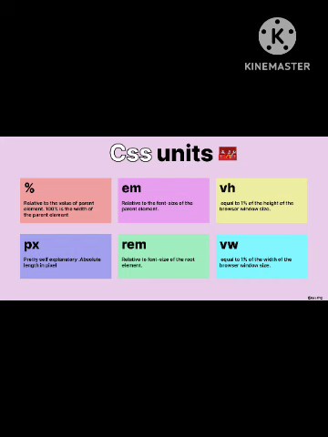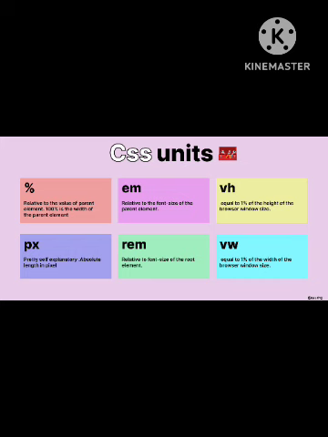Then Vmin and Vmax are mainly used for responsive purposes, to work on both mobile and web pages. What do Vmin and Vmax mean? Let's take the same example. Web page height is 800 pixel, web page width is 1000 pixel. Which is greater? Width is greater and height is lesser.